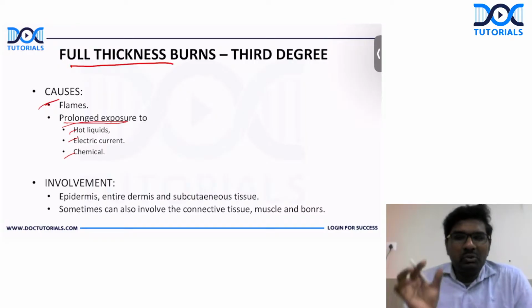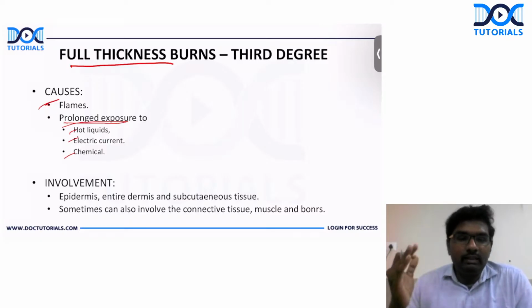If the duration of exposure is less, the severity of injury is less. If the duration of exposure is high, then the depth and severity of the injury will increase.